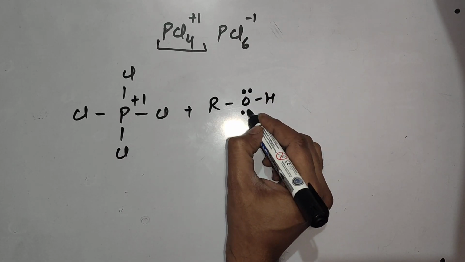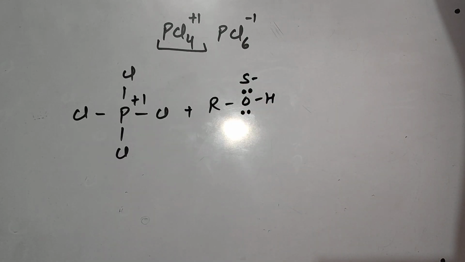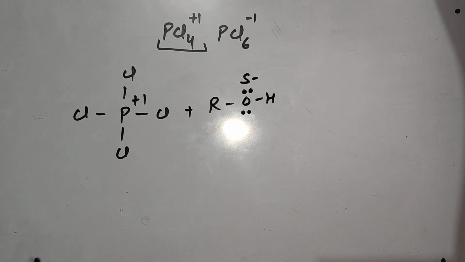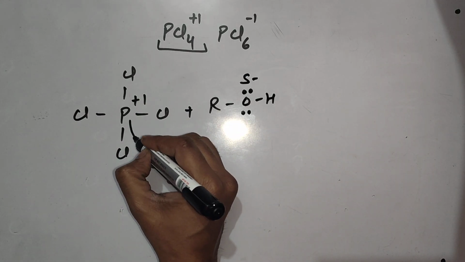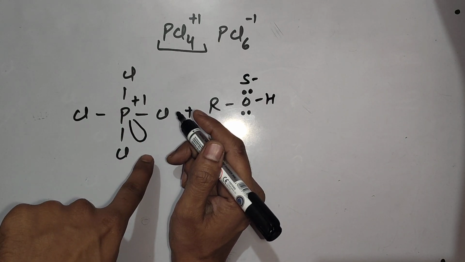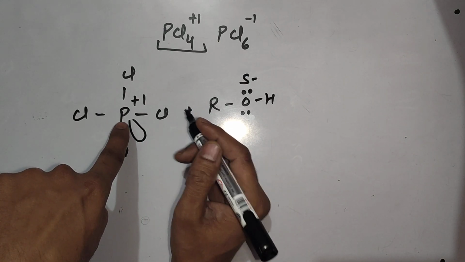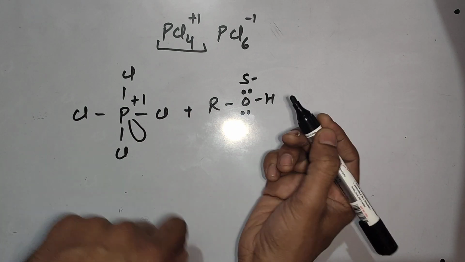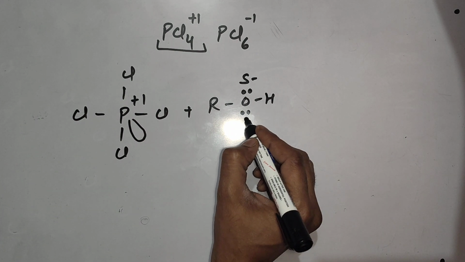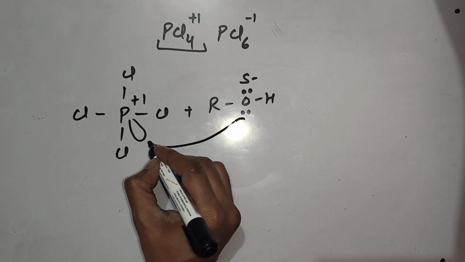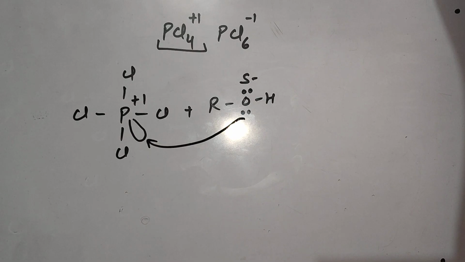Oxygen is present with negative charge. A negative particle wants what? A positive particle for attack. This P also contains a vacant orbital. The vacant orbital was generated due to loss of chloride ion. So P has a vacant orbital. Oxygen with negative charge, lone pairs, vacant orbital. So everything is perfect for attack. Oxygen is going to attack on this P.